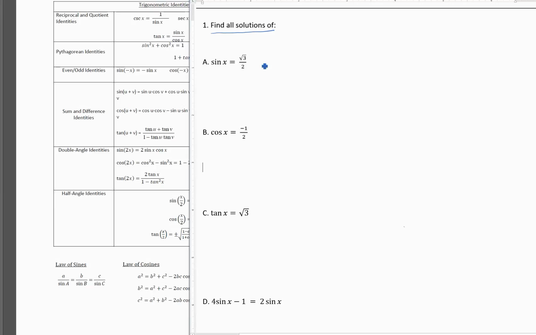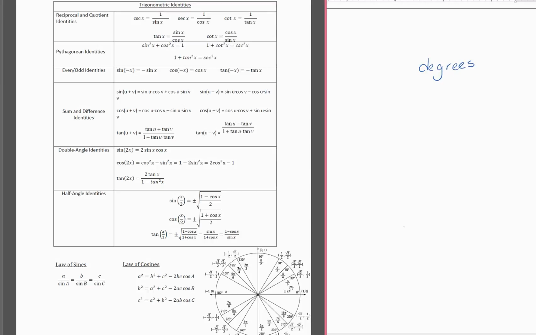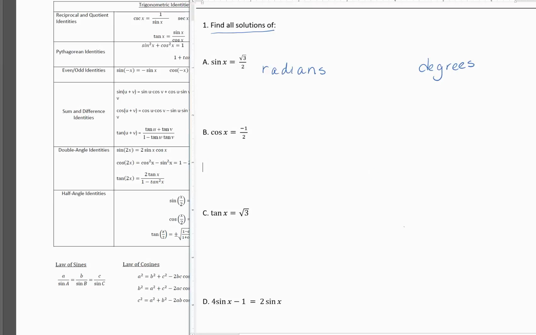Okay, so we could do this in radians or degrees. So in radians, we saw that it was pi over 3 and 2 pi over 3, which would be 60 degrees or 120.